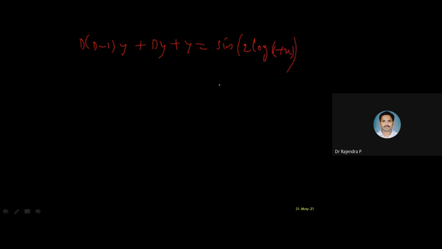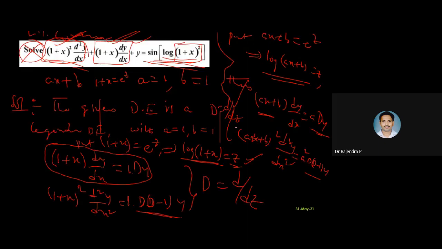Okay. So then this will become d. If I multiply this, this will be d square minus d plus 1, everything into bracket of y. Everywhere y is there. This will be sine of 2 into logarithm of 1 plus x, which means what?